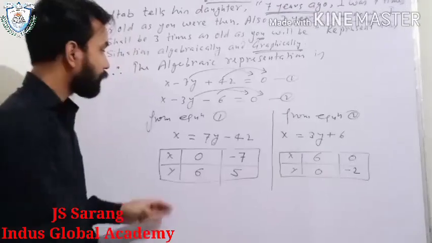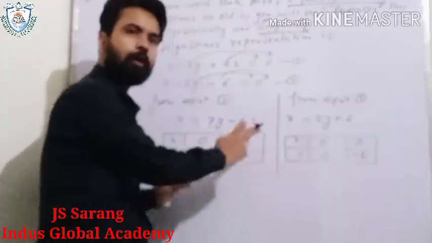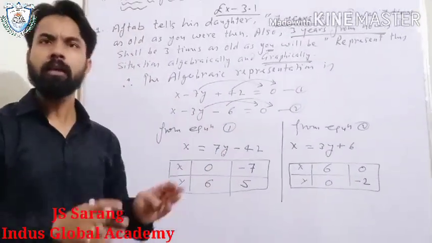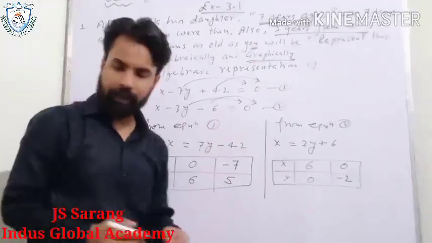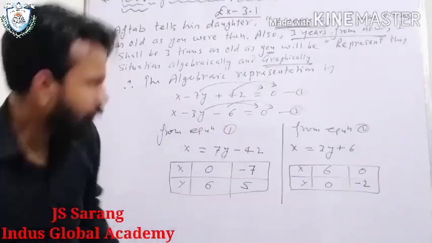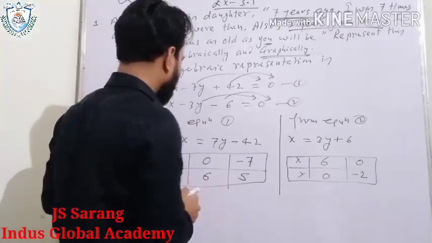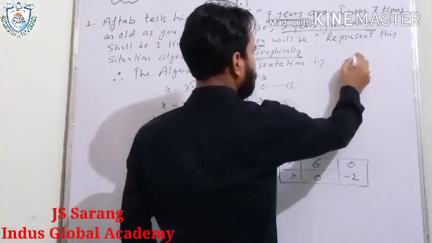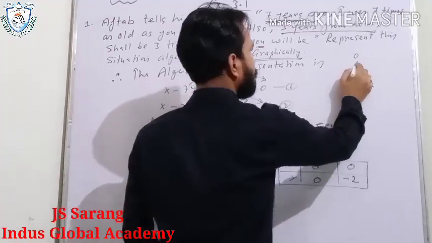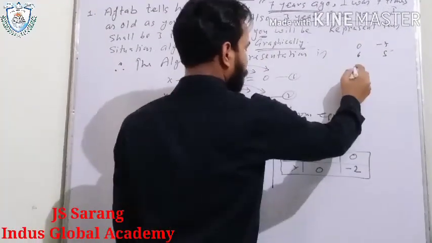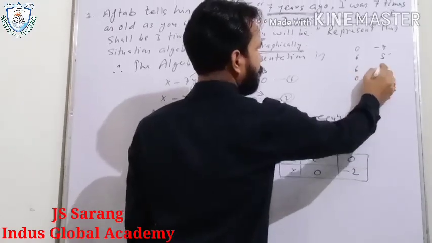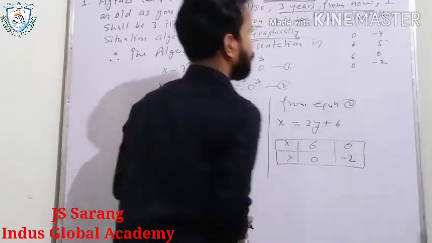Understood? After getting these points, we will plot these points on a graph. So the points are, for the first equation, 0 and 6, minus 7 and 5, and for the second equation, 6 and 0, 0 and minus 2.